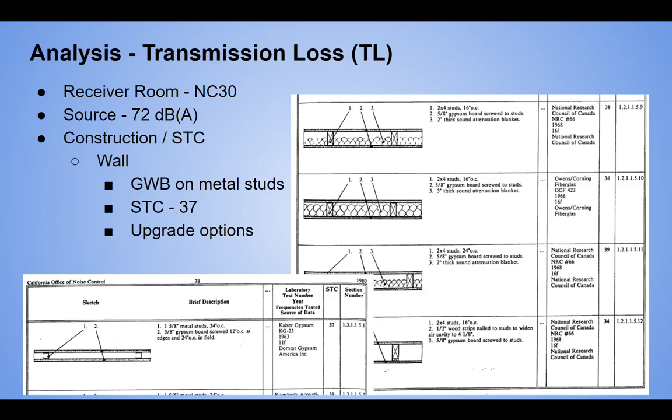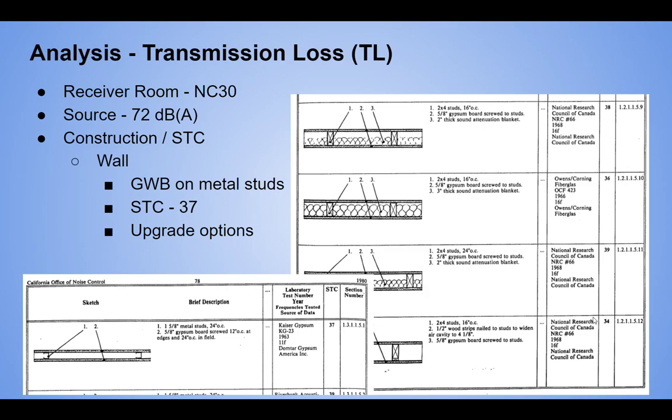So any of these constructions here, while they're less efficient, or they're better constructions compared to this lower cost construction, from an STC standpoint, we're not getting too much out of it. So we can't say we're just putting insulation in the wall or doing wider studs and using 5/8 gypsum on each side.